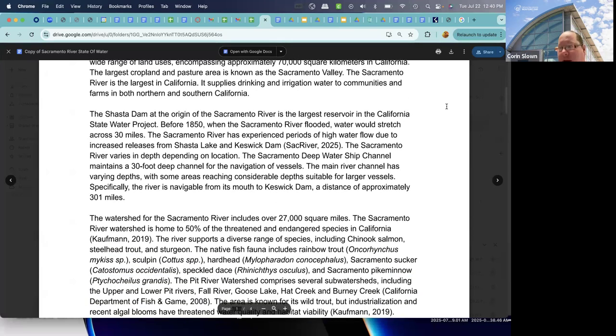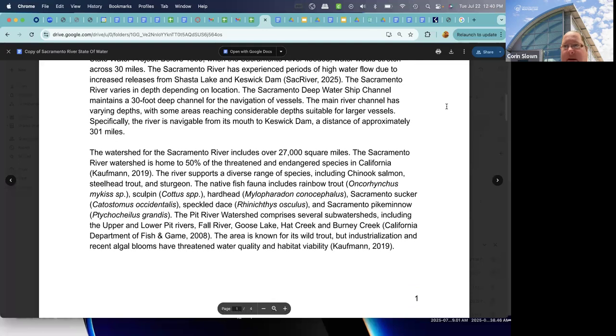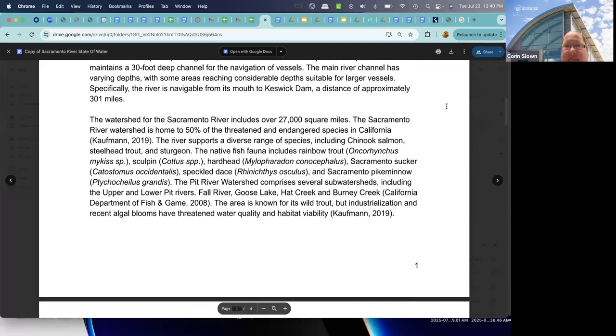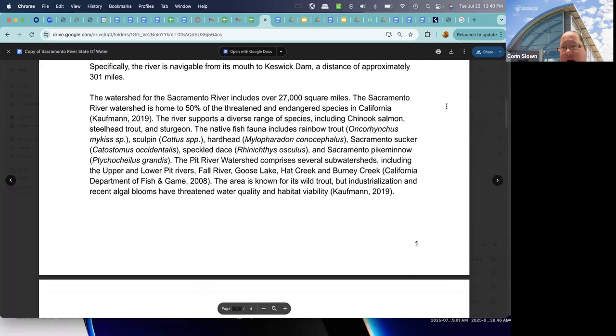I talk about things like dams or levees or any man-made or engineering components that help to monitor and control that water. And then the other piece that I'm also thinking about is what that watershed is home to. So in this case, I was thinking about different kinds of fish.